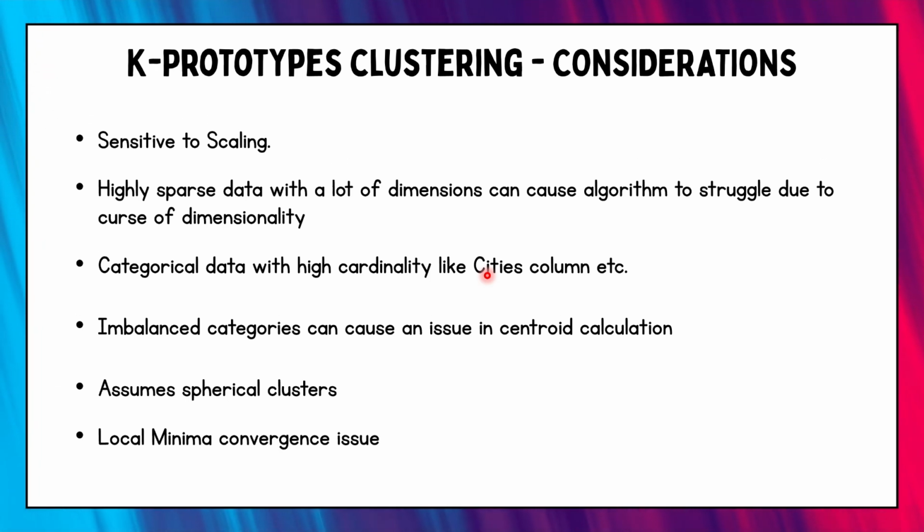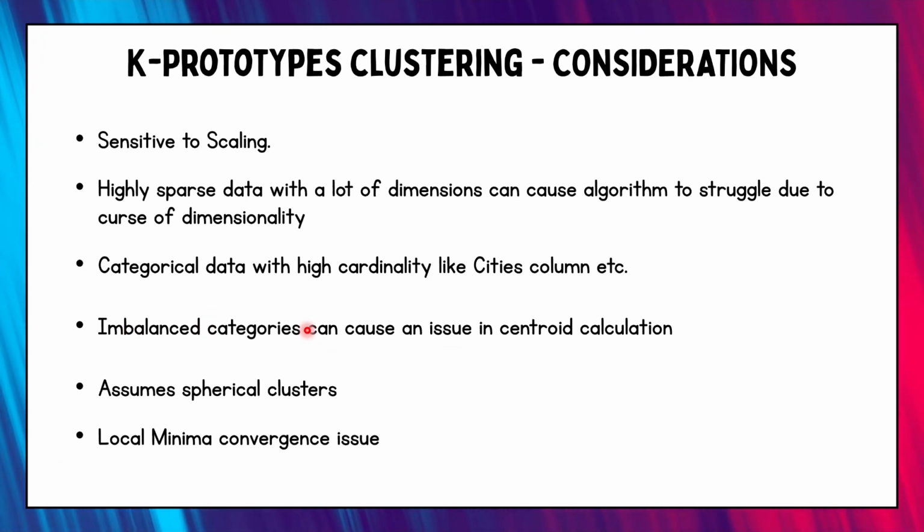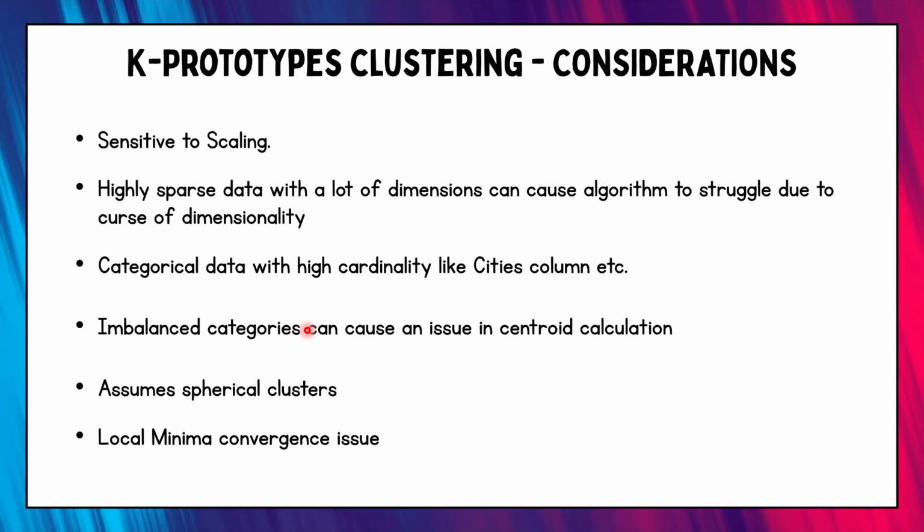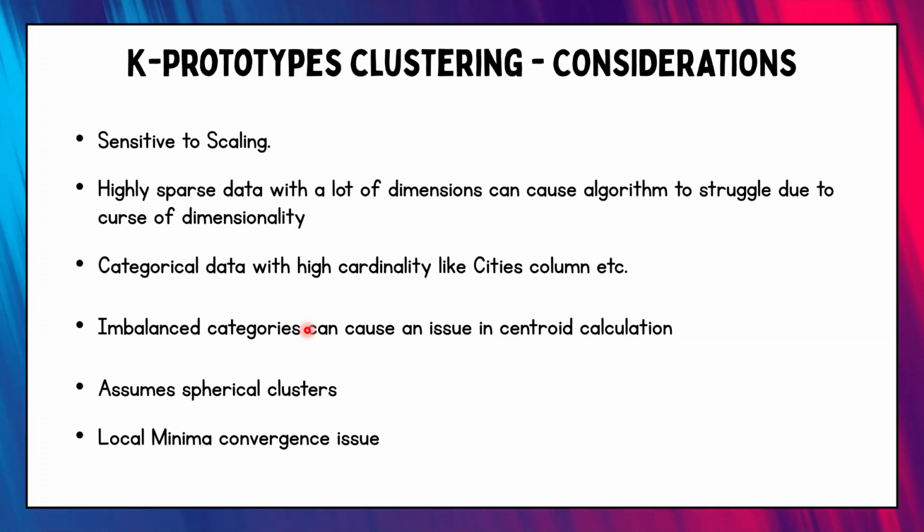Fourth is another important issue that happens a lot in real world scenarios. Imbalanced categories can cause an issue in centroid calculation. So think of a categorical column where we have a lot of females and very few males, say 10 males and 100 females. So that categorical column is immensely biased, right?